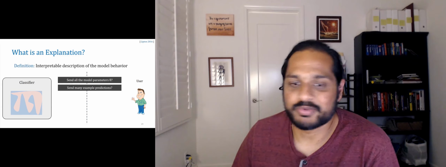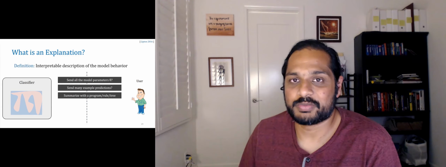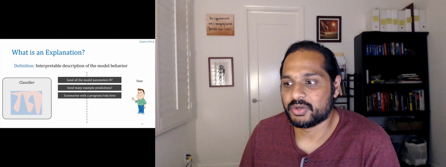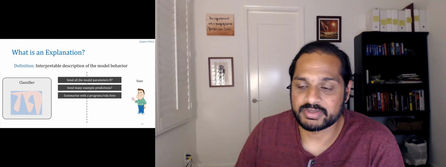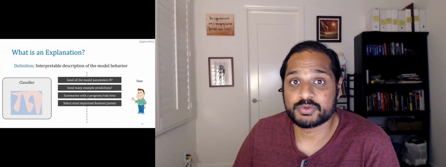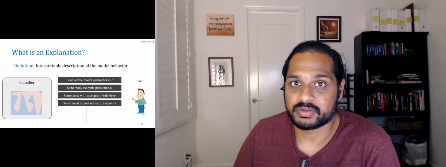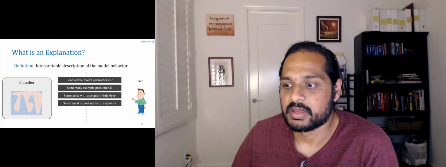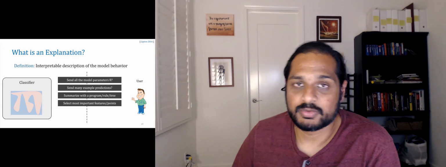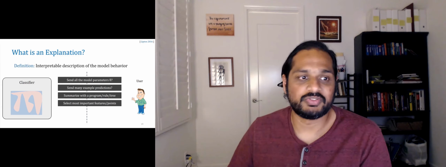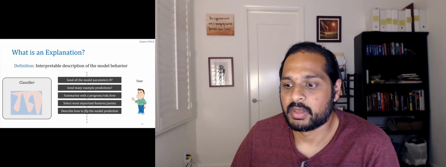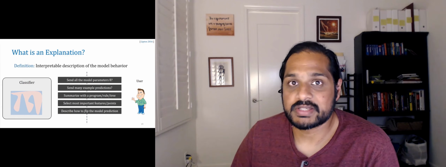What if we summarize what the classifier is doing with a program or with a rule or with a tree? That's an explanation. We're going to see some examples of that. What if we select the most important features or the most important training data points? Those are explanations, and we'll see more of those later as well. What if we describe how to flip the model prediction? And those are also a kind of explanation that people use, right?